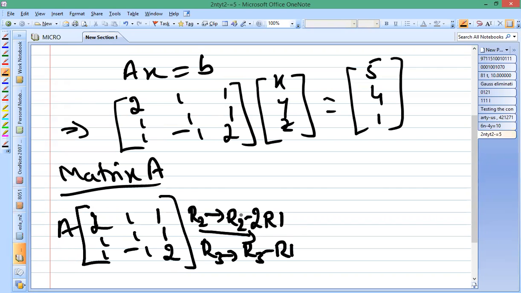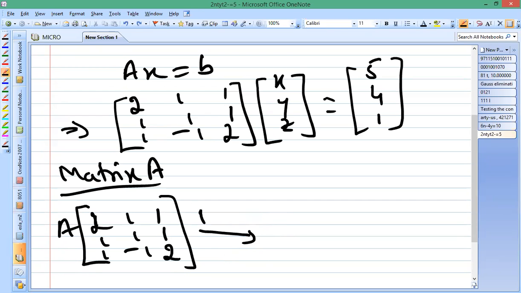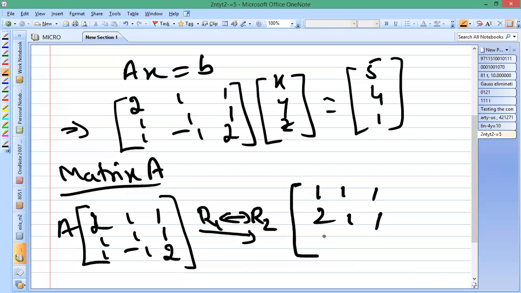Okay. Before that, we'll do one thing, we'll exchange the rows. That would be better, right? Instead of performing all this, just exchange the rows R1 and R2. So now what do you get? Matrix A as 1, 1, 1, 2, 1, 1, 1, minus 1, 2.